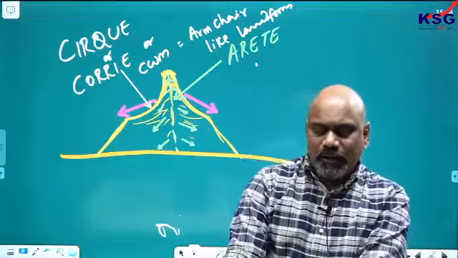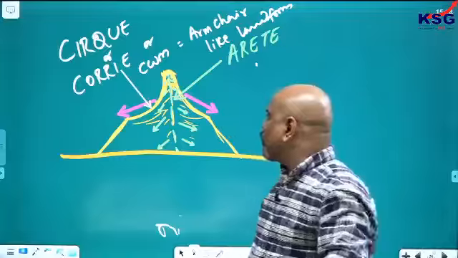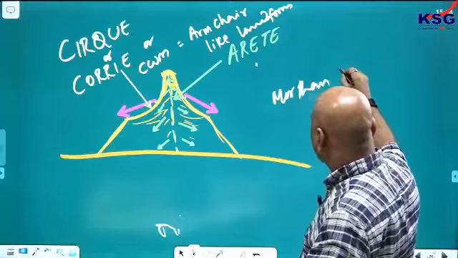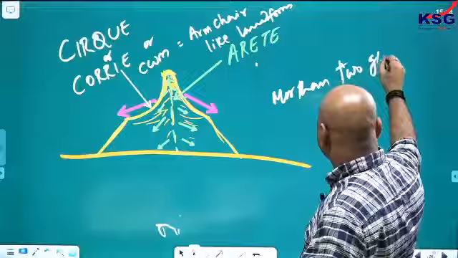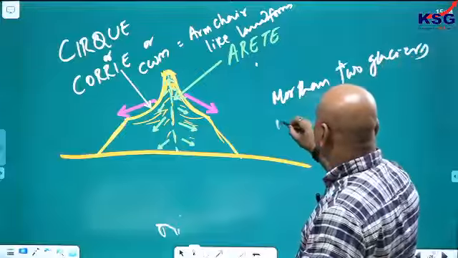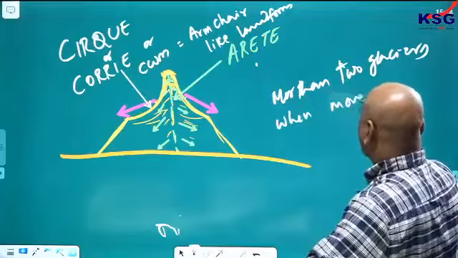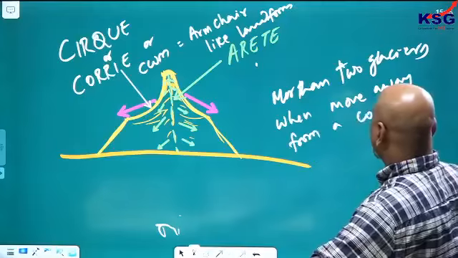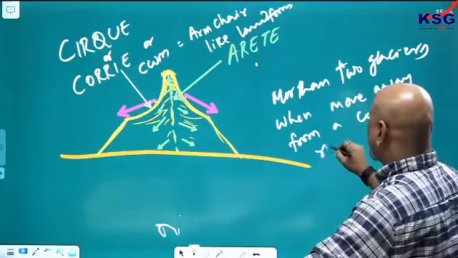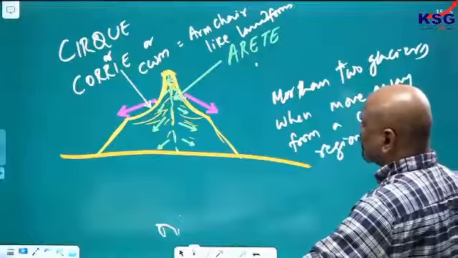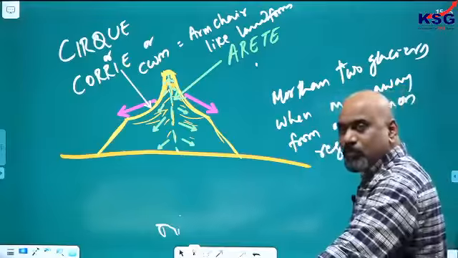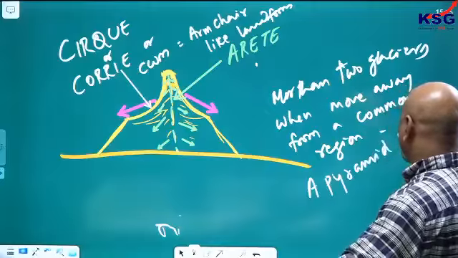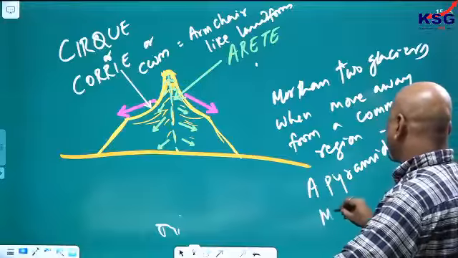So another one, as I said about the arête: whenever more than two glaciers move away from a common region, a pyramidal peak may develop.